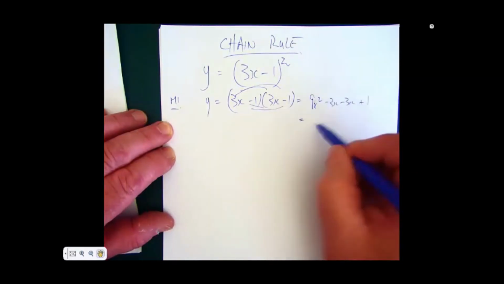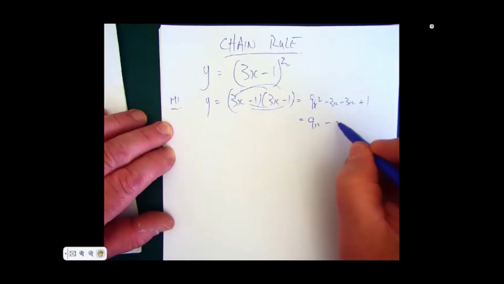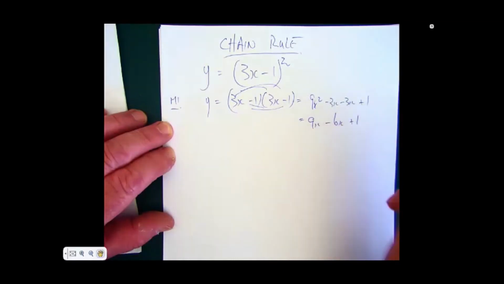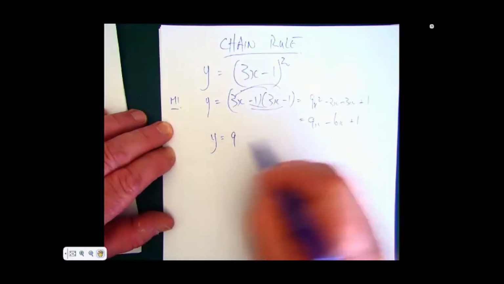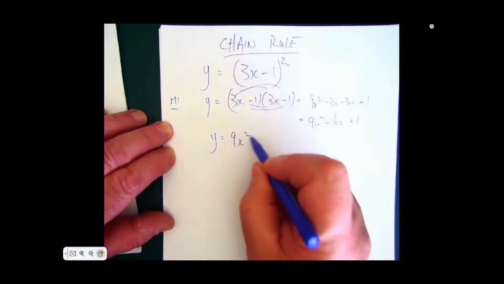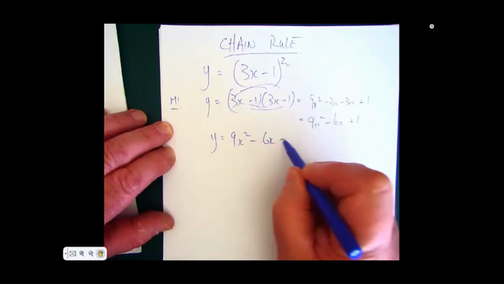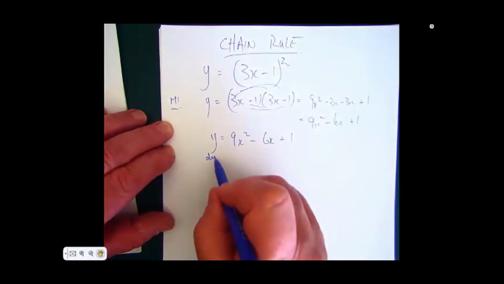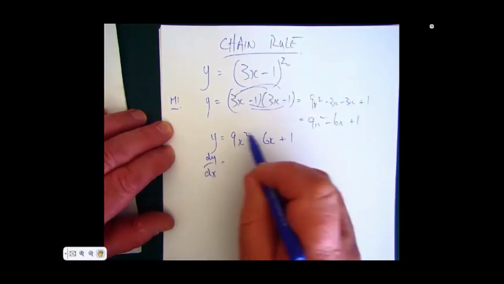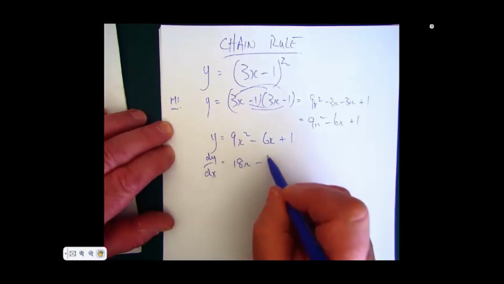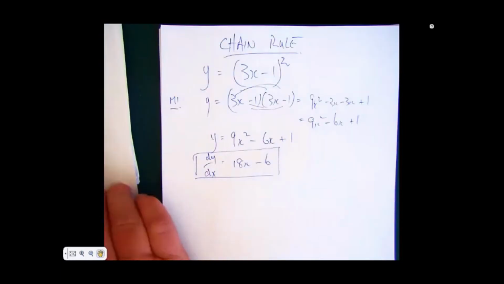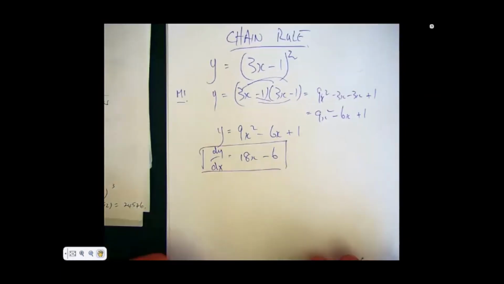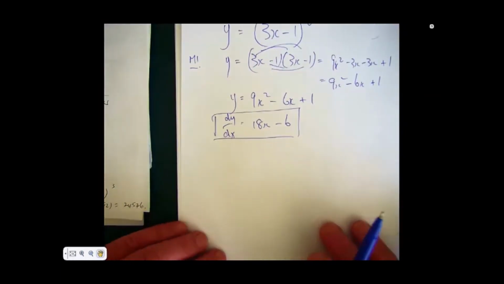So putting these together we get 9x squared minus 6x plus 1. The examiner then says, okay, will you please differentiate this? So you say yes, we can do this. 2 9s are 18x minus 6. And that's fine.